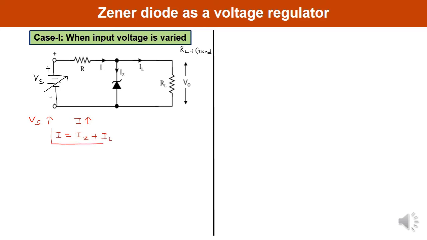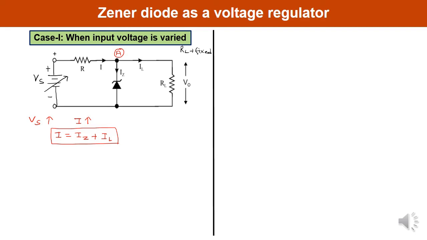We have studied this as well. If you apply KCL at node A, I is the sum of Iz plus IL. So when I increases, the current flowing through the Zener diode increases without affecting the load current IL.